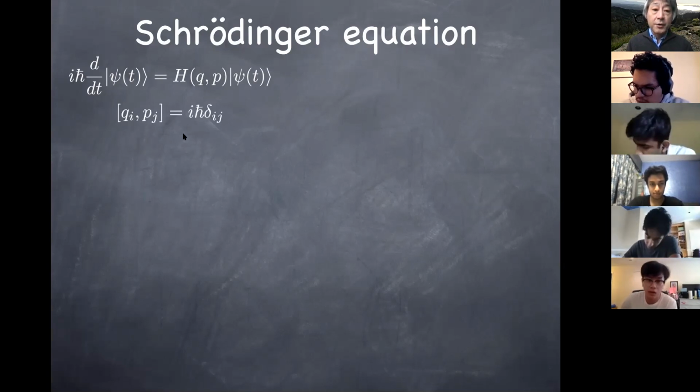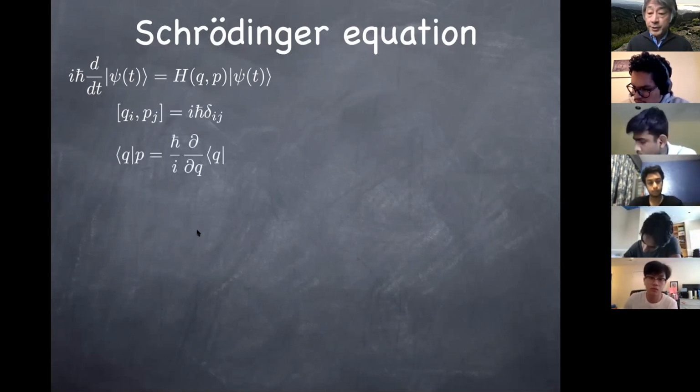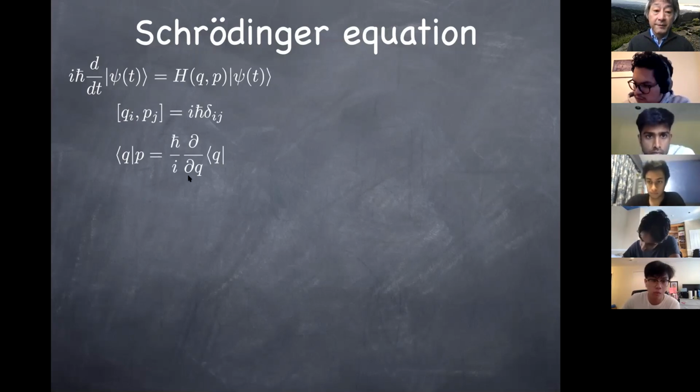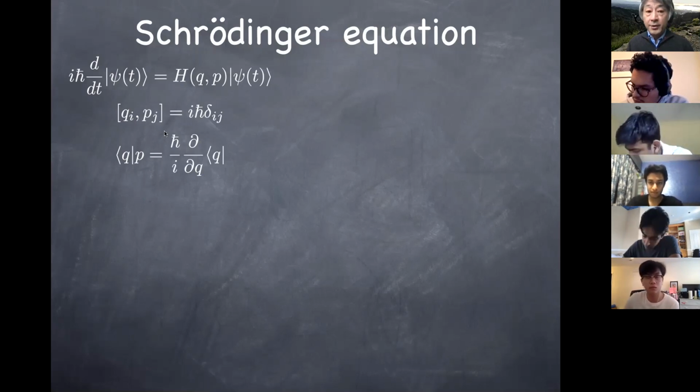And now that you have this canonical commutation relation between X and P operators, you can go to the position space where this Q bra is an eigenbra of the operator Q. And because of this canonical commutation relation, if you are in this space where Q is diagonal, the momentum operator can be written as a derivative with respect to Q. So P written as h over i times del by del Q is what satisfies this canonical commutation relation.